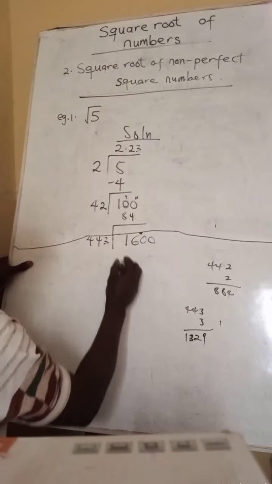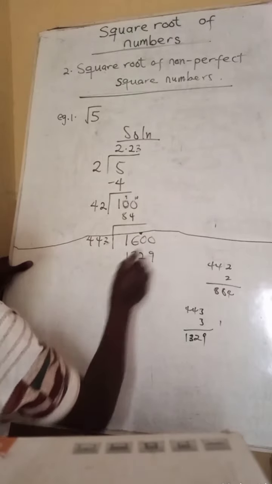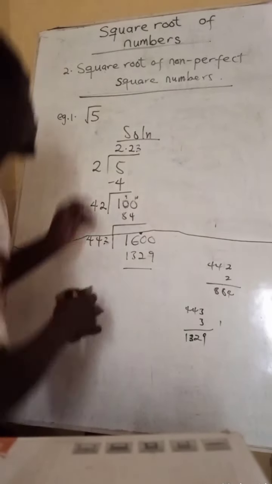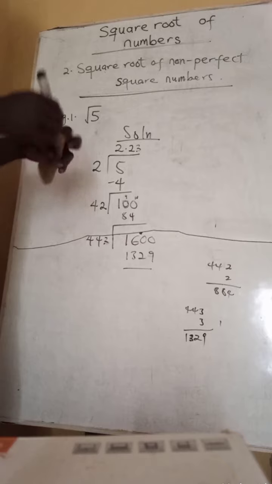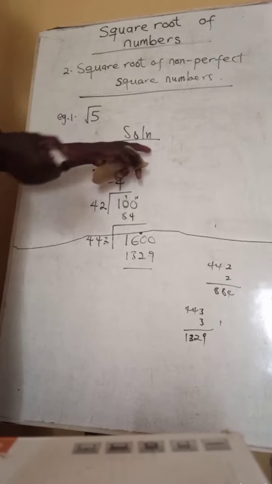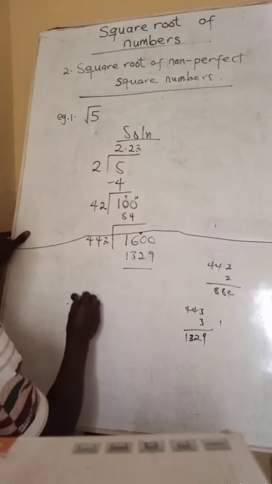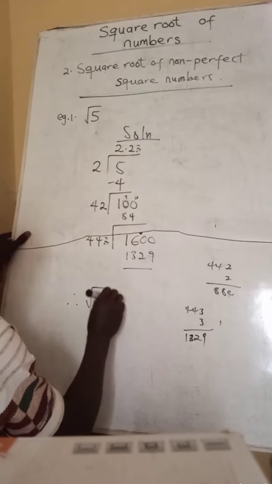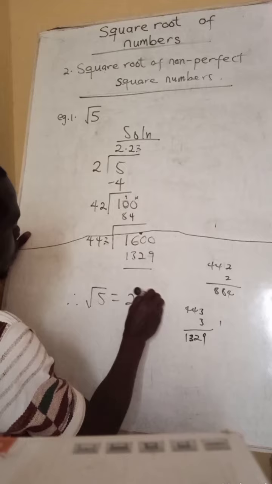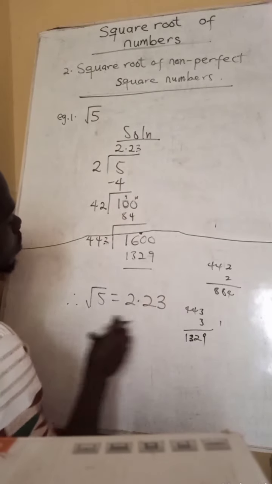And when we multiply, we got 1329. In fact, we can proceed on and on, but we have decided to leave our answer to 2 decimal places. Therefore, the square root of 5 is equal to 2.23 to 2 decimal places.